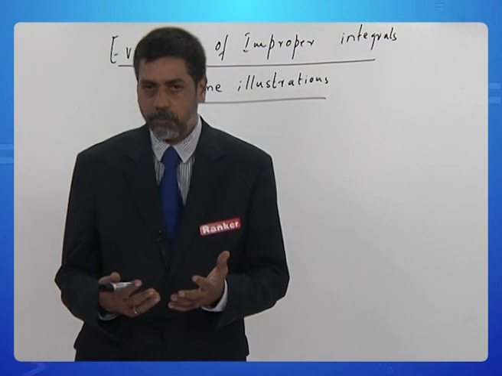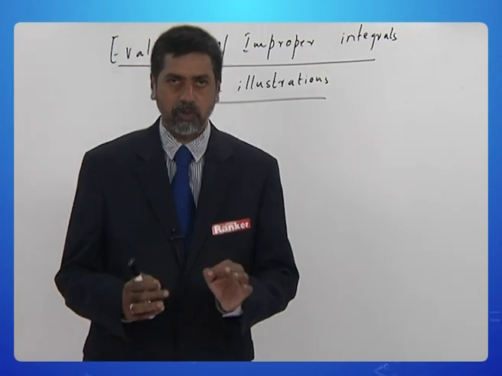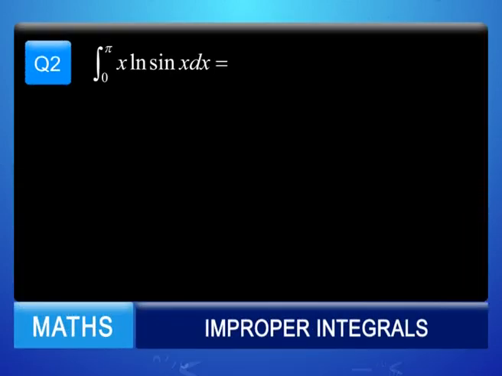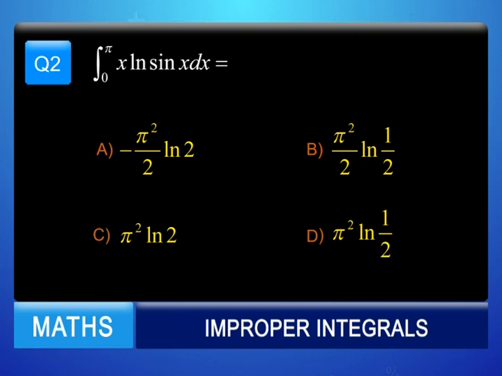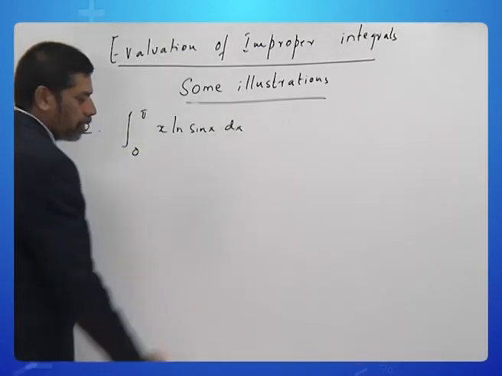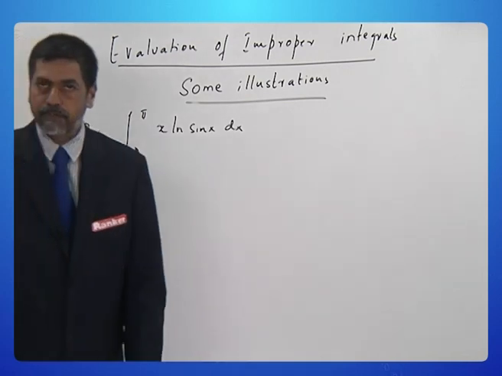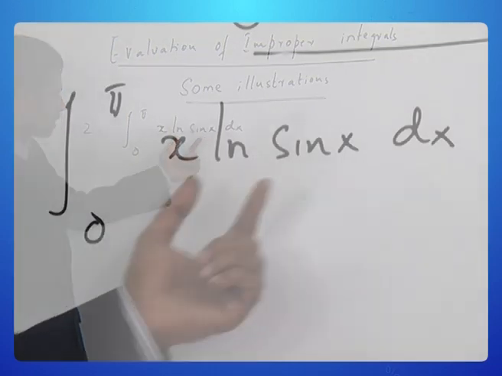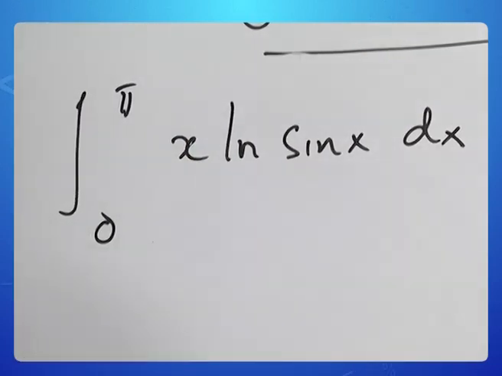Well, my second example will be similar with a little bit more complication. The problem is to evaluate integral 0 to pi x log sin x dx. Again, this is an improper integral because log sin x is undefined at the lower limit x equal to 0.